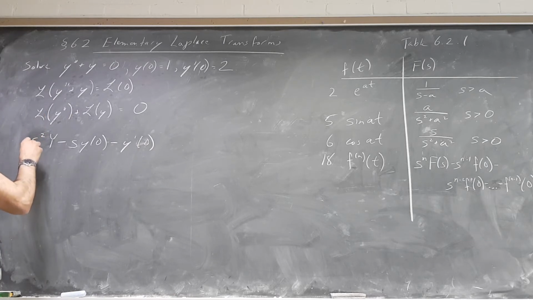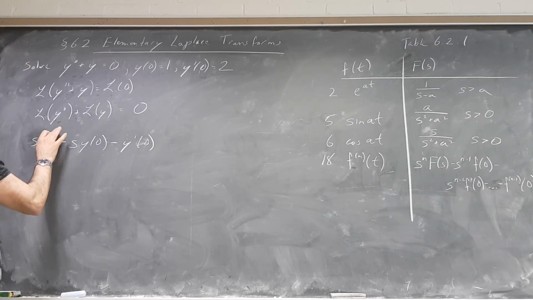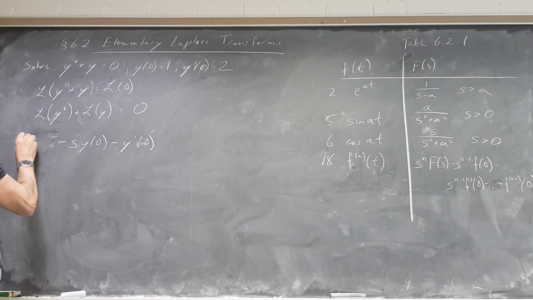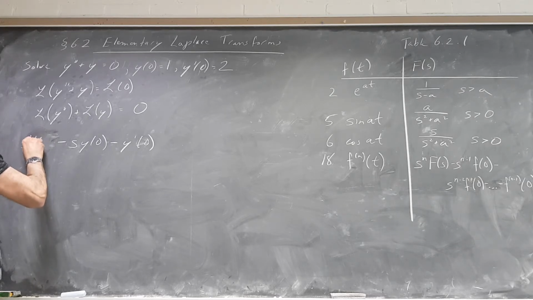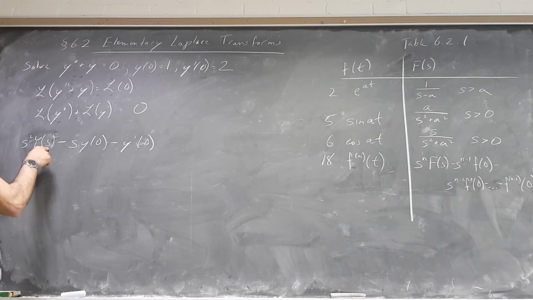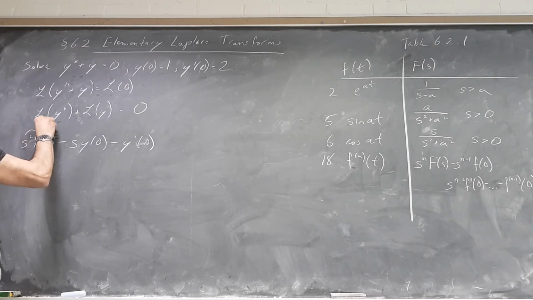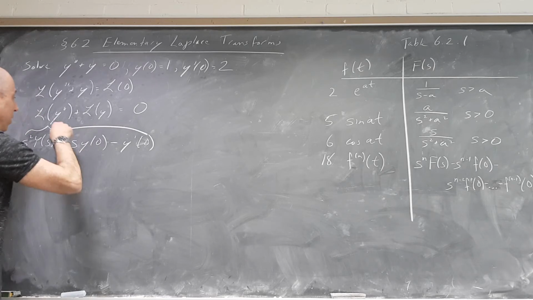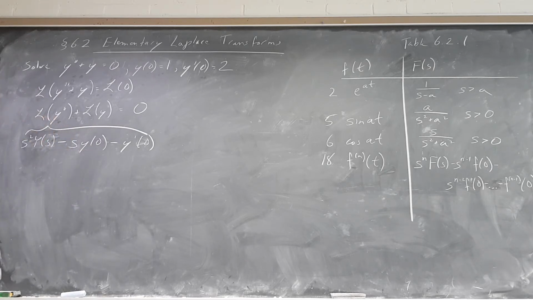So this, and I guess we could write s squared capital Y of s to indicate that the variable really is s. All of this is the Laplace transform of y double prime.